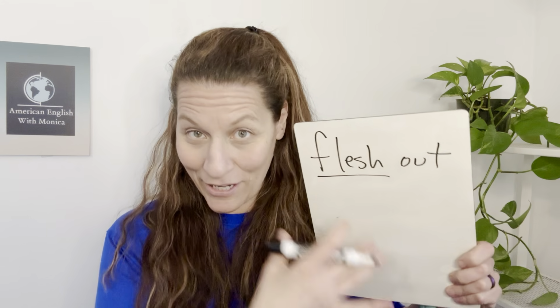Some fruit we eat the flesh, like a peach or a strawberry. And some fruit we peel the flesh off, like a banana. We would peel that first and then eat the fruit inside. So just know the word flesh is another word for skin. That might not help you with the phrasal verb, but I want you to know the meaning.